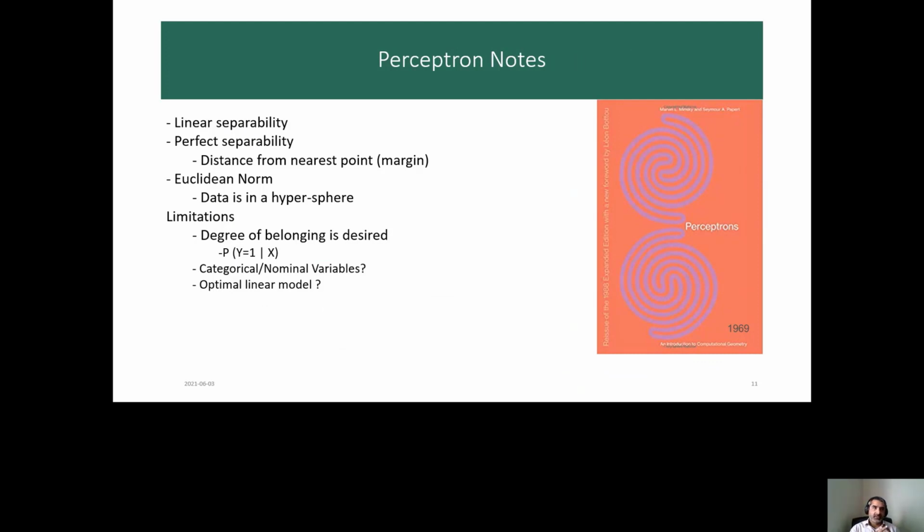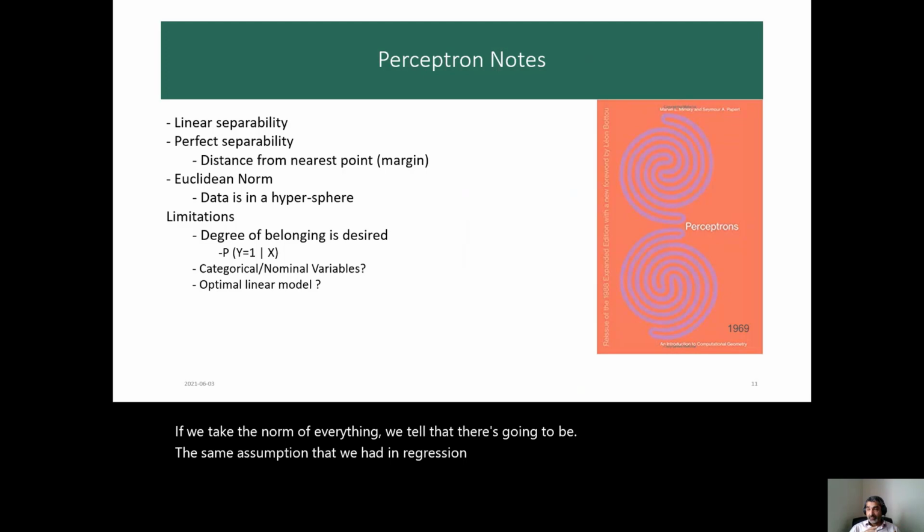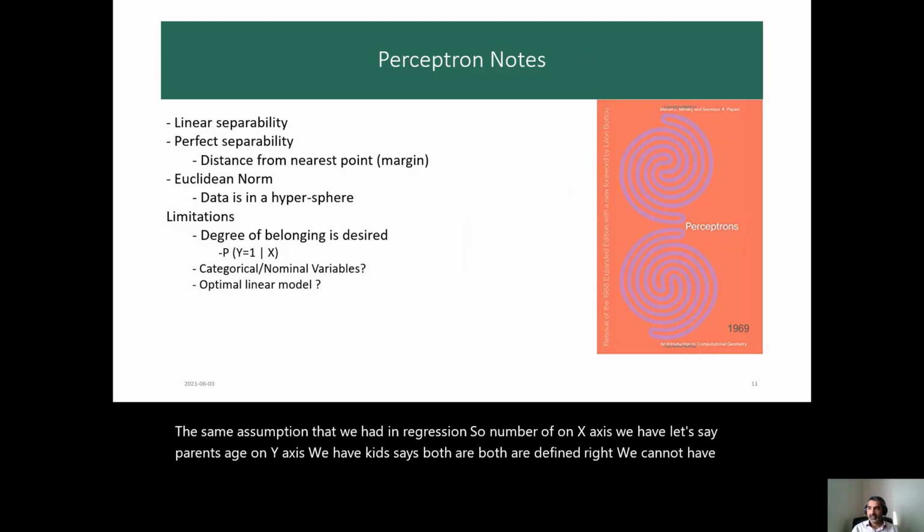If we take the norm of everything, it's the same assumption that we had in regression. On the x-axis we have, let's say, parents' height, and on the y-axis we have kids' height. Both are defined, right? We cannot have minus 10 height.